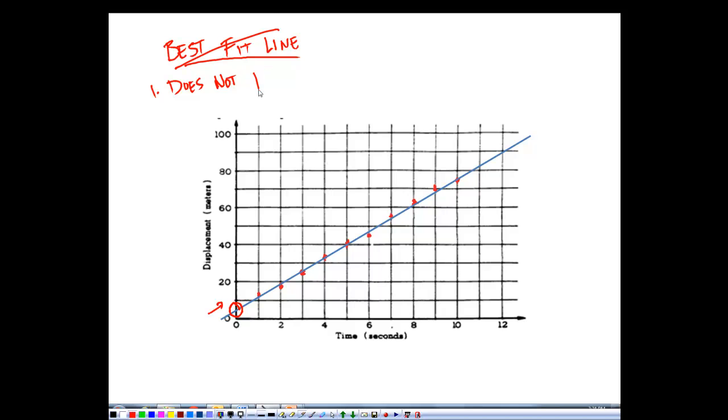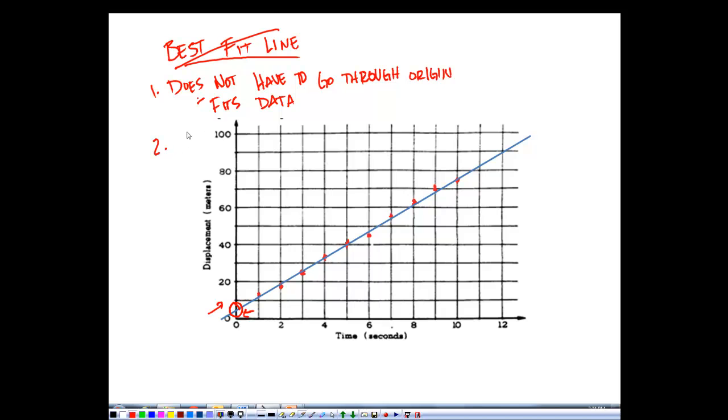Our best fit line does not have to go through the origin. That's a thing to remember. A lot of people make that mistake. It needs to fit the data. And if the data don't have it going through the origin, like this one, has it crossing somewhere around 5, then we don't need to have our line go through the origin. 0, 0 wasn't a point. It doesn't have to go through the origin.